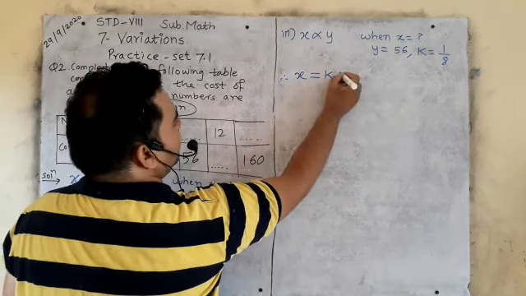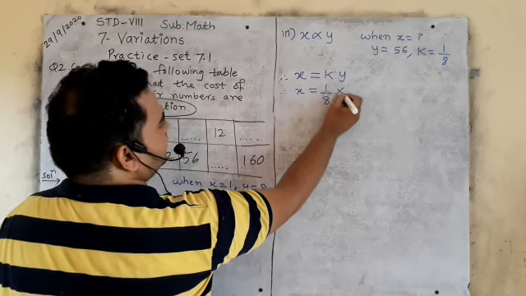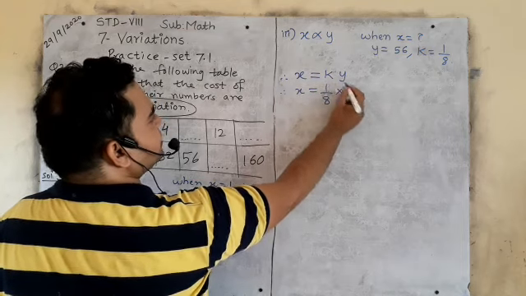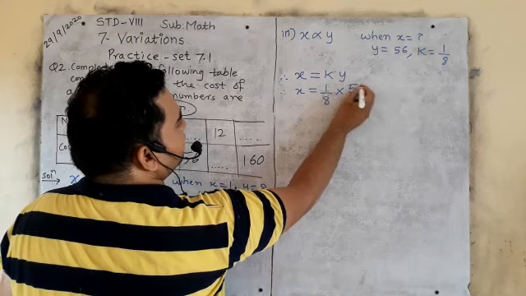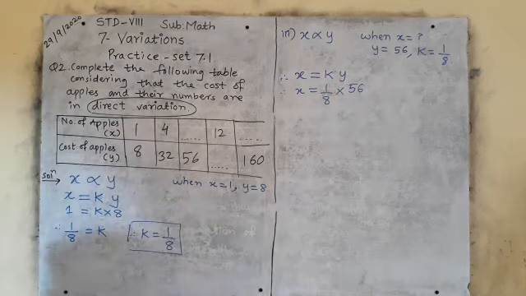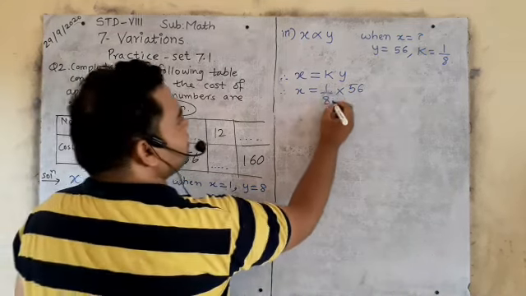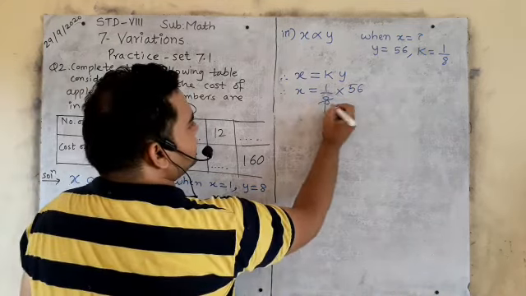So what is the value of X? Don't know. What is the value of K? 1 upon 8 into K and Y has multiplication. Y value is how much? 56. Yes. Now you will cross multiply. See here, 8 ones are 8, 8 sevens are 56. So therefore X is equals to 7.